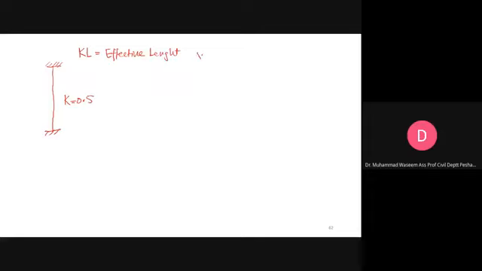And if we have pin support conditions, the K value will be 1. But the fixed situation cannot be reached easily in the field. It is very difficult to produce fixed support conditions in the field.